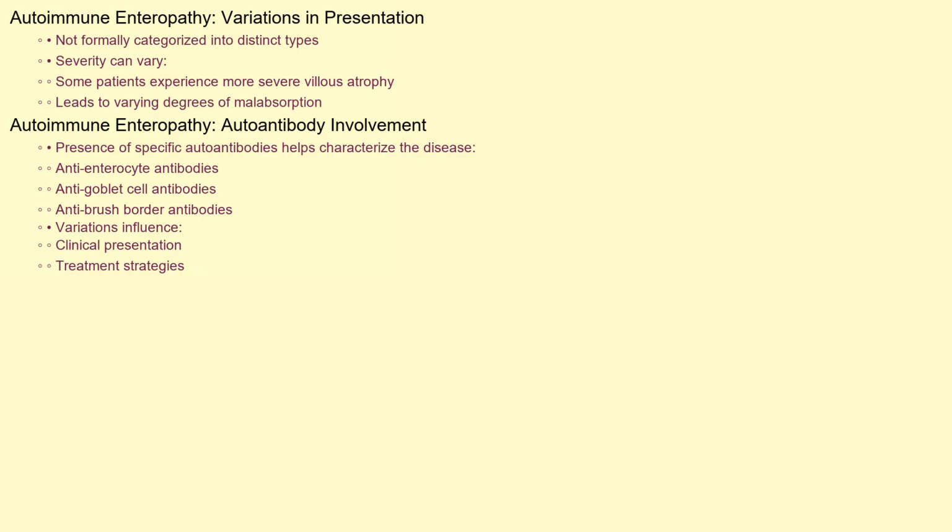Some patients may have more severe villus atrophy and malabsorption compared to others. Furthermore, the presence of specific autoantibodies such as anti-enterocyte antibodies, anti-goblet cell antibodies, or anti-brush border antibodies can help characterize the specific immune targets in individual cases. While these variations do not define distinct subtypes, they can influence the clinical presentation and potentially guide treatment strategies.